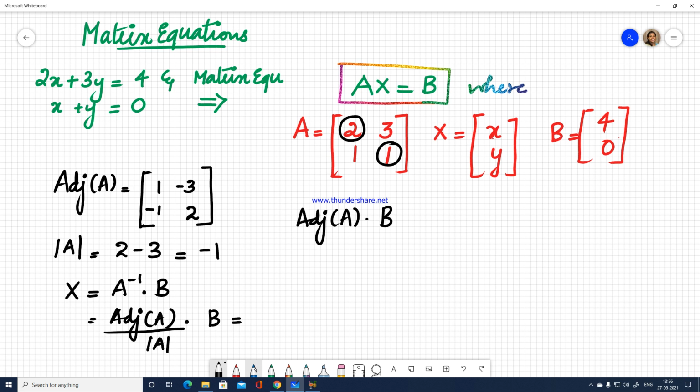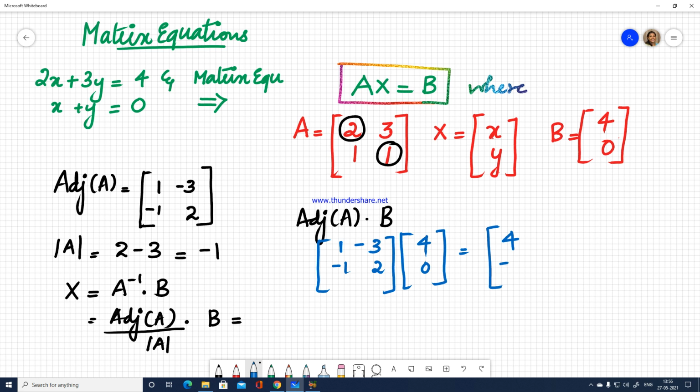Let's see what the adjoint of A is here. We got it as 1, minus 3, minus 1, 2, multiplied with 4 and 0. Let's see how it goes. 1 into 4 is 4, and the other one is minus 4. So we got the matrix 4 and minus 4.